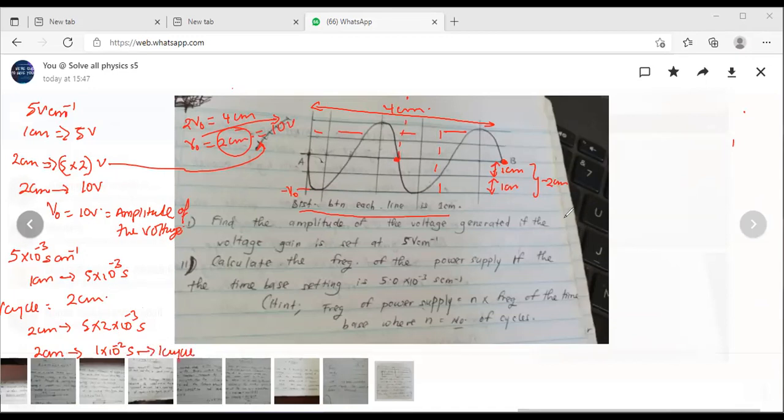So the time to make 1 cycle is the period, which is 1 times 10 power negative 2, and thus the period is 0.01 seconds. Because they asked for the frequency, frequency is 1 over the period, which is 1 over 0.01. And the answer is frequency is equal to 100 hertz.